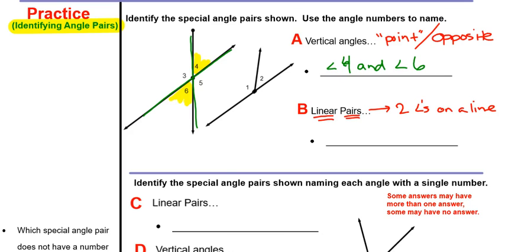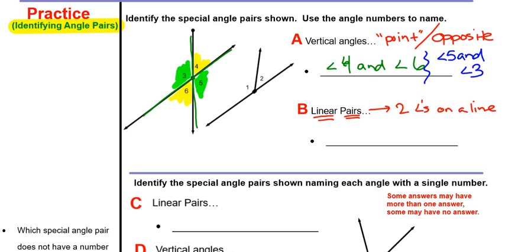Some might argue that angle 5 and angle 3 point at each other, and that would also be correct. There are two separate answers for that question.